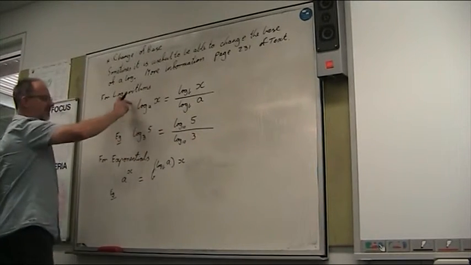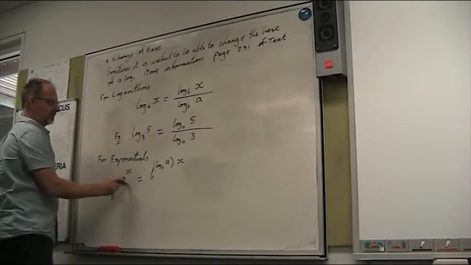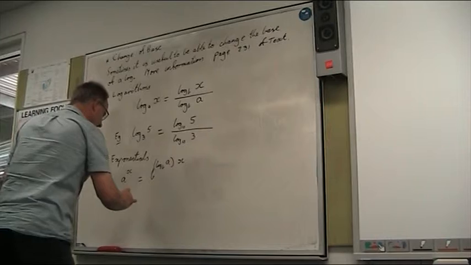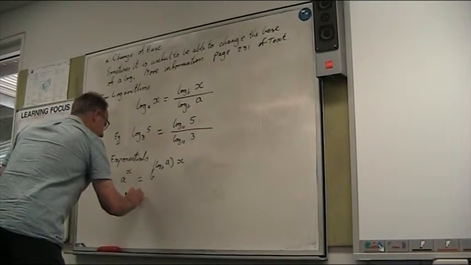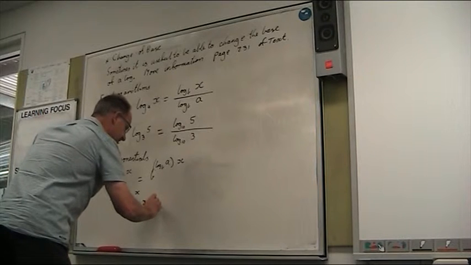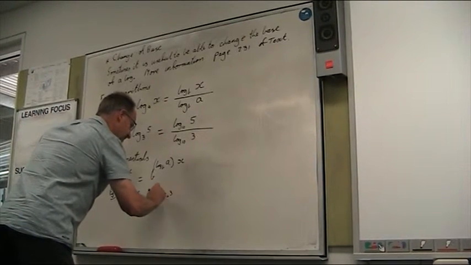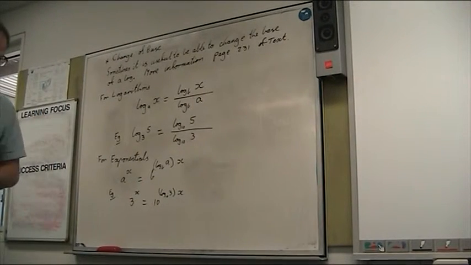So this top one here, the log one, you probably see that a lot more often than this exponential one. What that means is 3 to the x would be the same as 10 to the power of log base 10 of 3 times x. So if you need to use a calculator, you might need to do that.